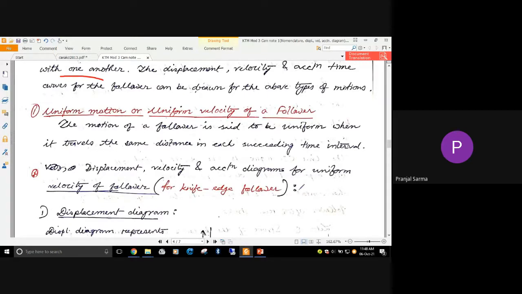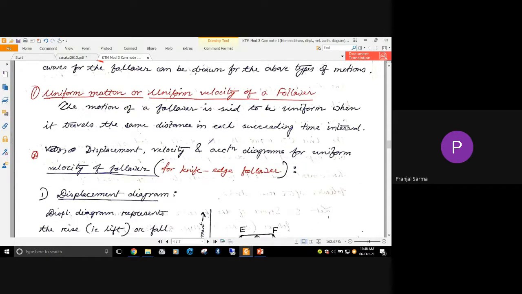And the next higher derivative of displacement with respect to time, we already know, is the acceleration, so we also draw the acceleration diagram. In the subsequent classes, we'll be talking about how to draw the displacement, velocity, and acceleration diagrams for different cases.